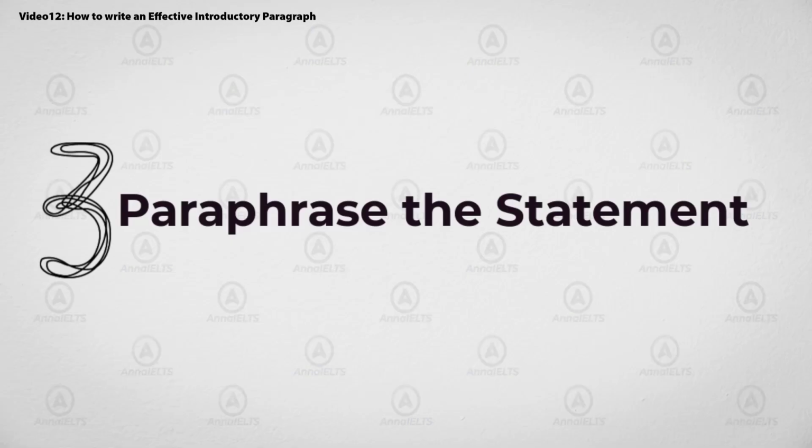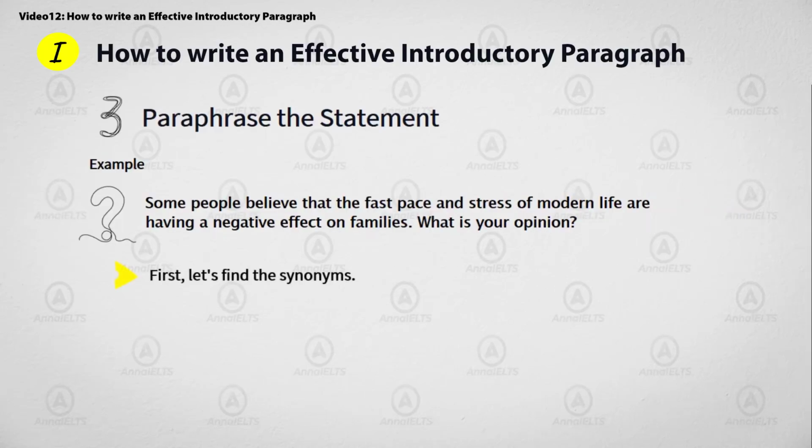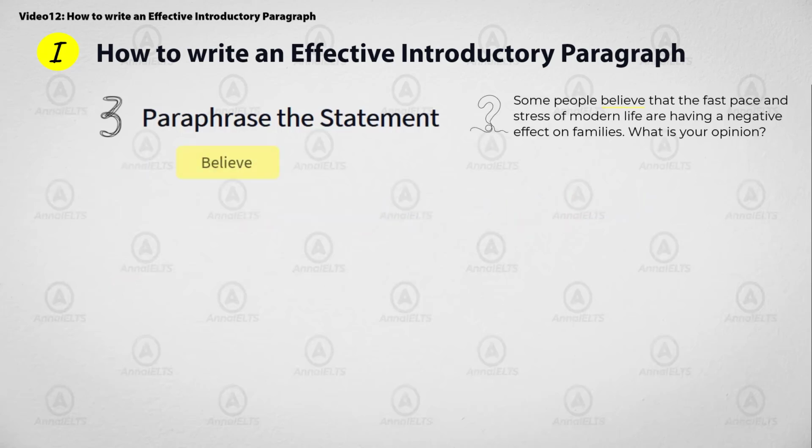Now let's rewrite the first part of the statement and use some synonyms. First, let's find the synonyms. Believe, think, take the view that, argue. Fast pace, high speed, fast moving.